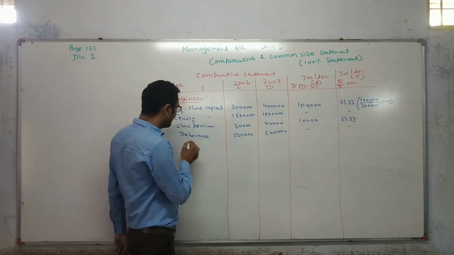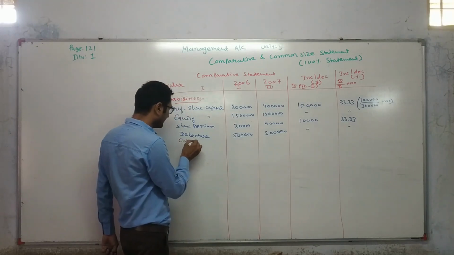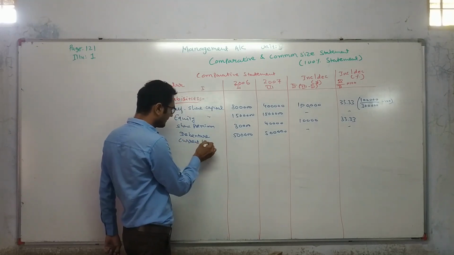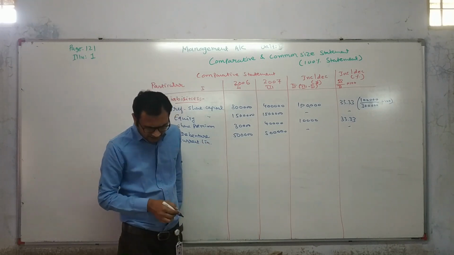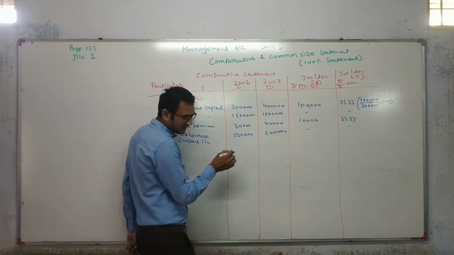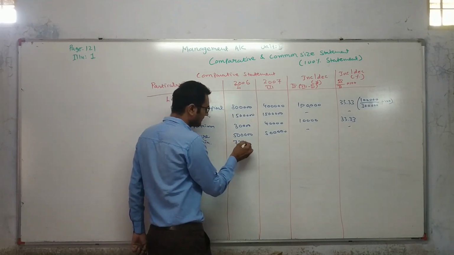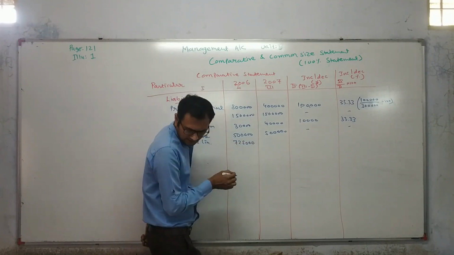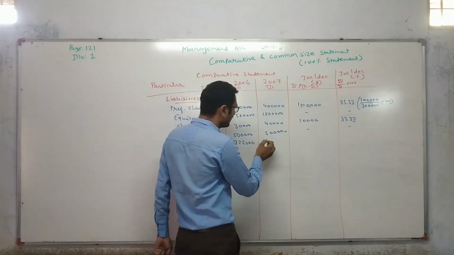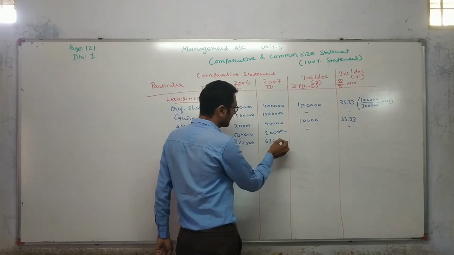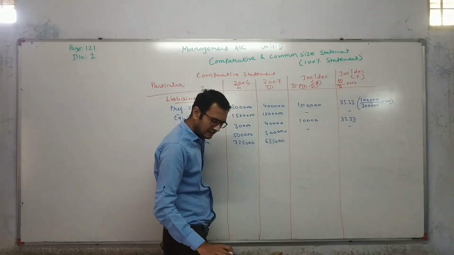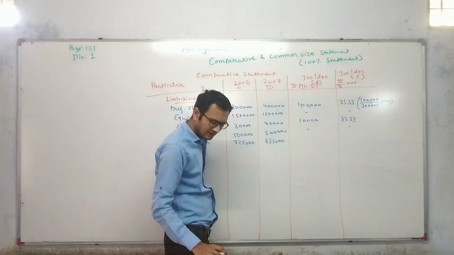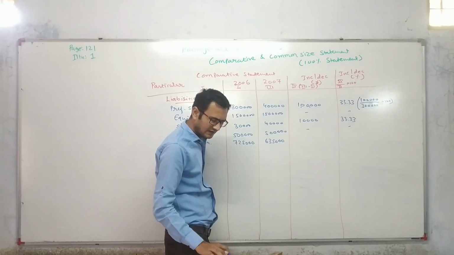And current liabilities. Now in current liabilities 7,25,000 and 6,35,000. That means 6,35,000 minus 7,25,000.